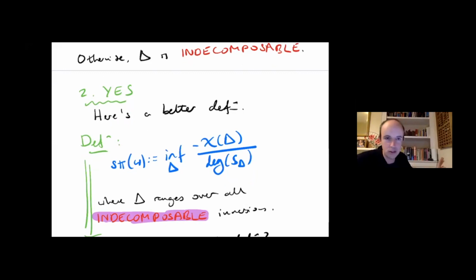So this is very much like this other characterization we had of stable commutator length, where we're taking an infimum of minus an Euler characteristic divided by some sort of degree.